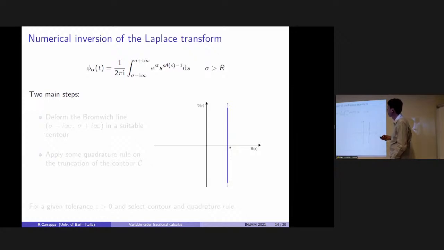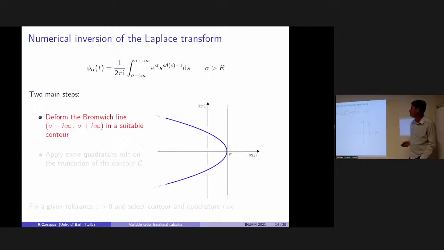There are two main steps. The first one is that the Bromwich line is deformed into a contour starting and ending in the left part of the complex plane. This is necessary in order to avoid the strong oscillation of the exponential here, which would create catastrophic instability.